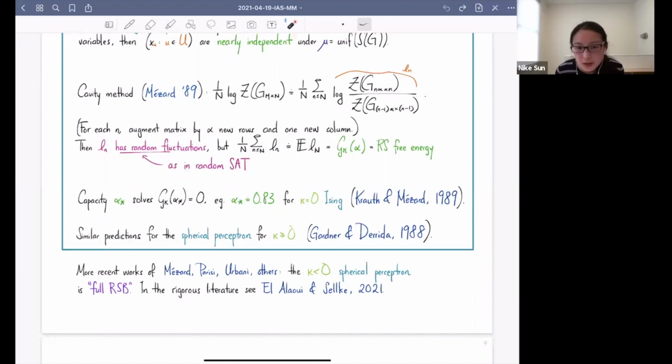It should have many, the whole hierarchy of states. Okay, so that result is under a condition of full replica symmetry breaking of the Parisi formula that was conjectured or obtained by the physics people, Montanari, Urbani, and others. So it's assuming that picture, it gives an algorithmic result, but the full replica symmetry breaking result itself is not known.